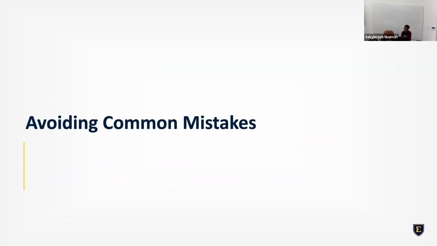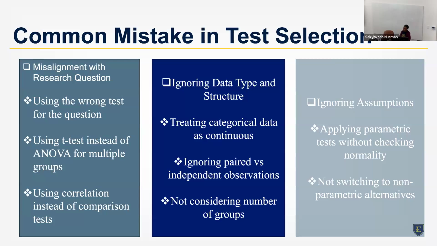So some common mistakes we want to avoid. Based on what we've learned so far, we know we can avoid mistakes like using the wrong test for the question, for example using a t-test instead of ANOVA.